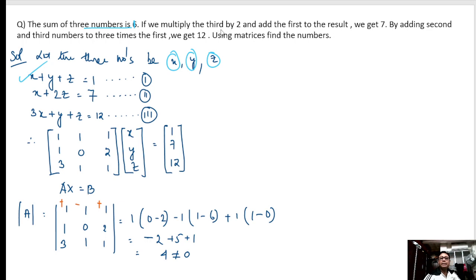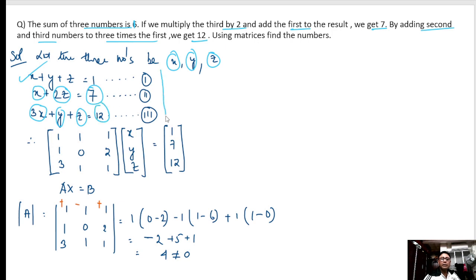If we multiply the third by 2 and add to the first, the result is 7, we get 7. Then they are telling by adding the second and the third to 3 times the first, the result is 12, we get 12.